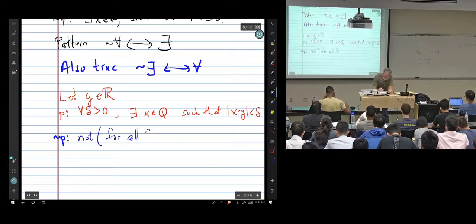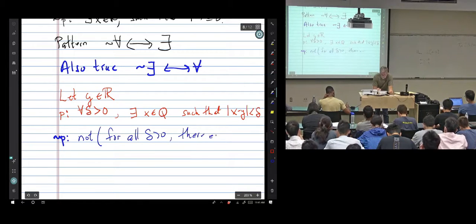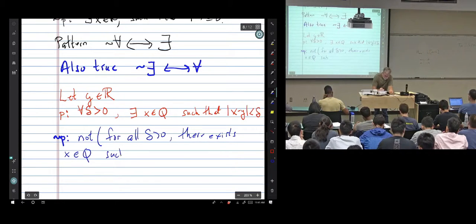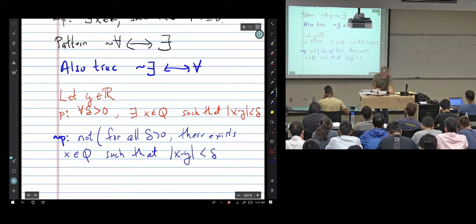For all delta greater than 0, there exists X in the rational numbers such that the difference between X and Y is smaller than delta.